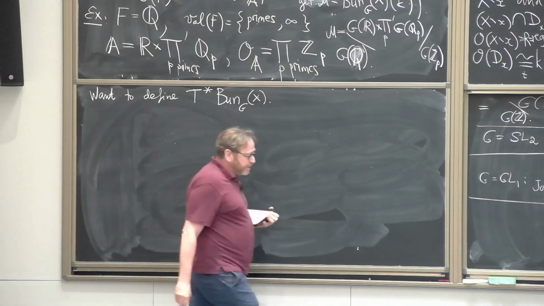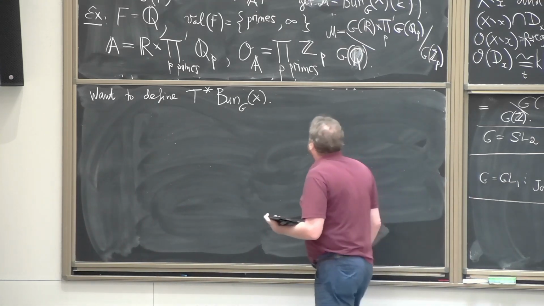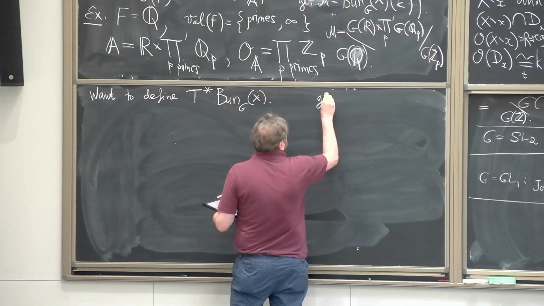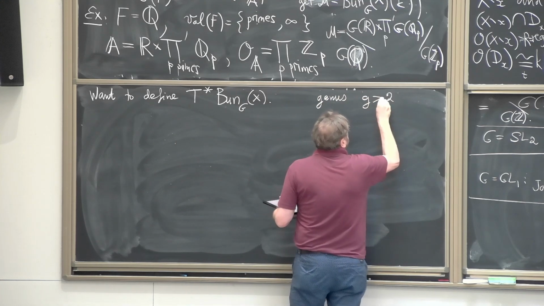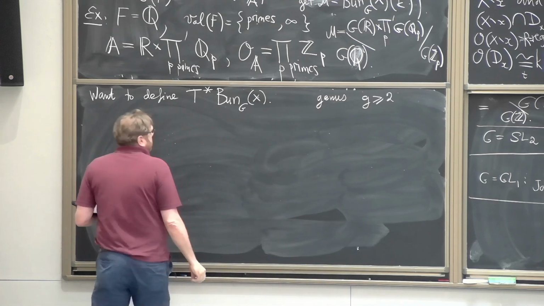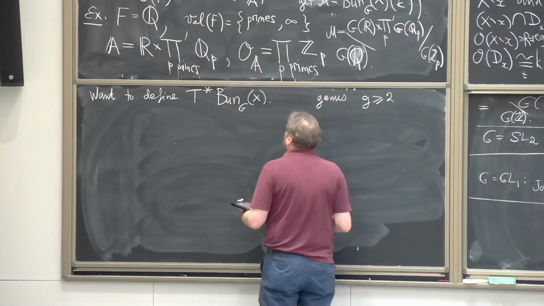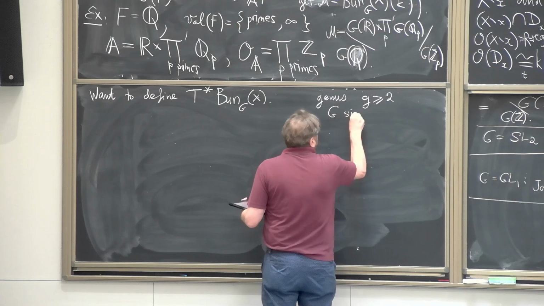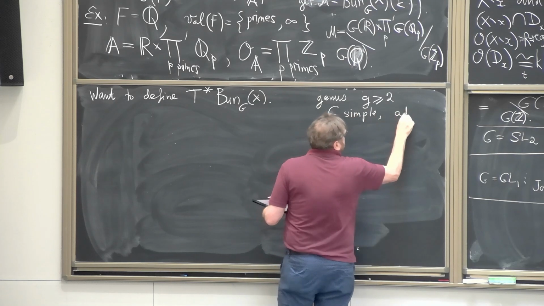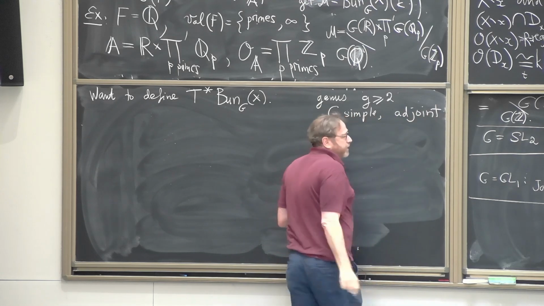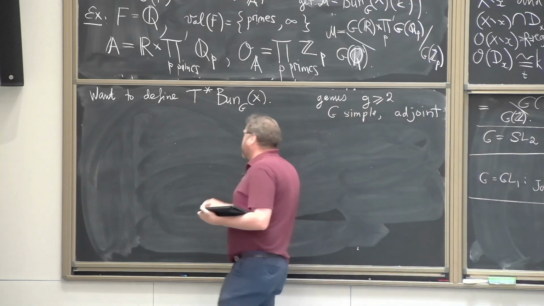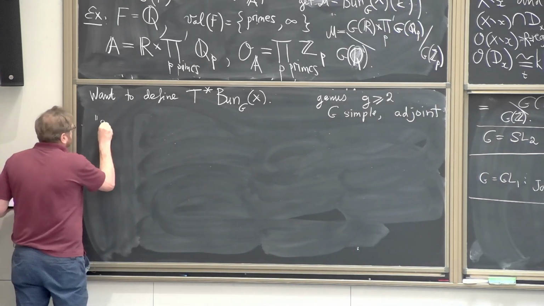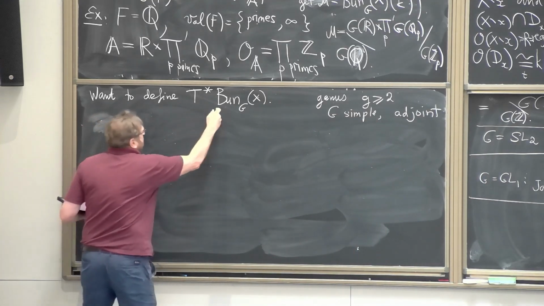Well, luckily, what happens is that there is an open set. So I'm going to assume that the genus is bigger or equal to 2. And I'm going to take G to be simple, and let's say adjoint, just to make things very simple, which means there is no center. So in this case, well, I said that this was a stack.